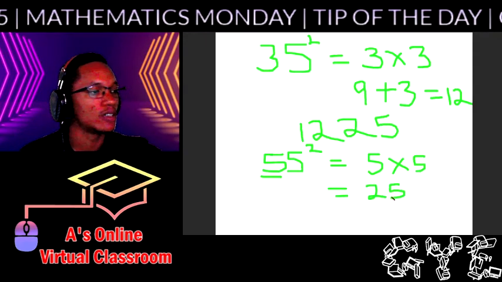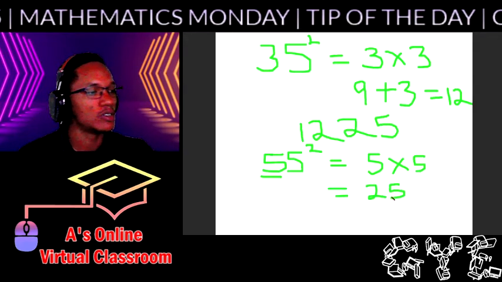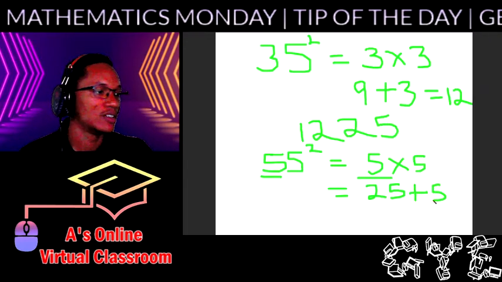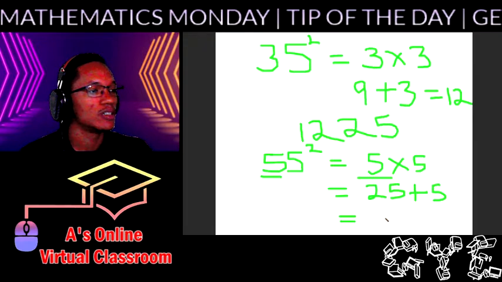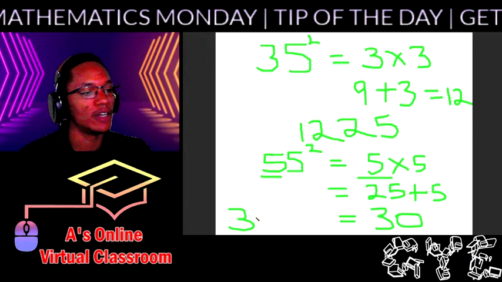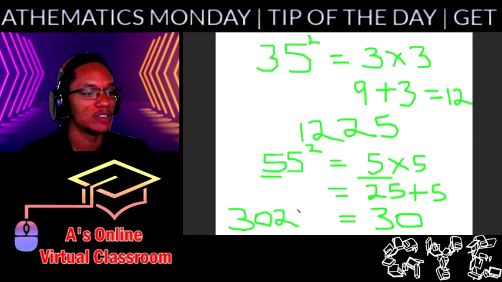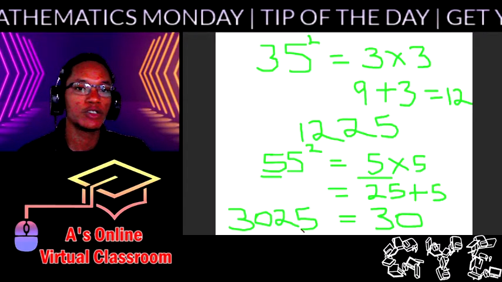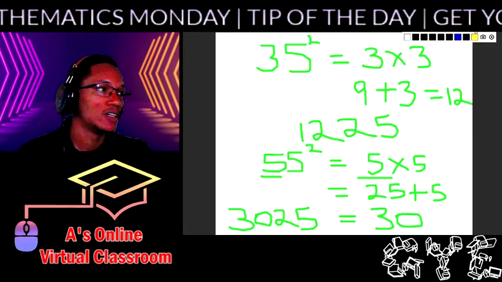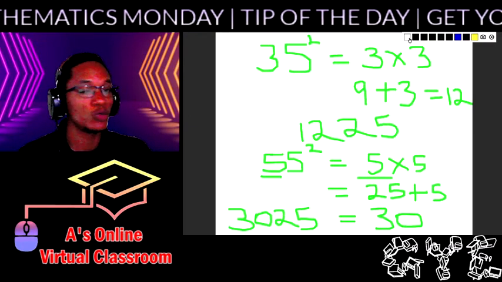Then you take 5, the same number you had, add it to it. You get 30. So the answer, you take the 30 and you add 25 to the end. So 55 squared is 3025. So those are the smaller numbers, the 2-digit numbers.